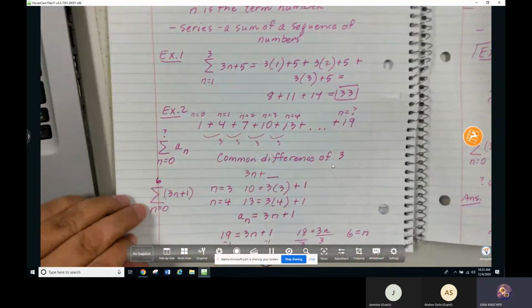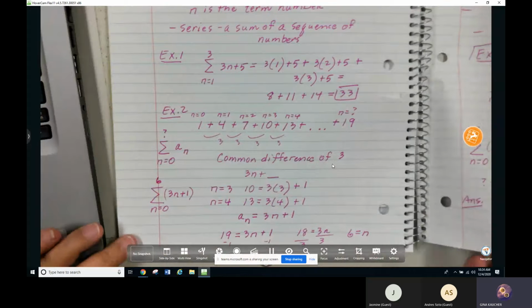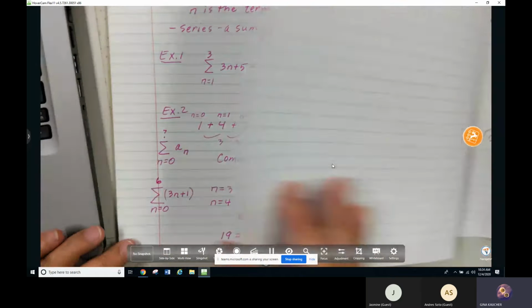Okay. Any questions so far? All right, let's do another example. And like I said, you don't have to use n and a sub n. You can use other letters like x sub i instead of a sub n. Okay, so we're going to write the series with sigma notation.